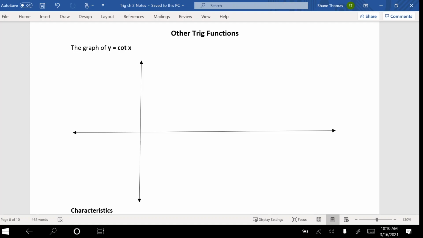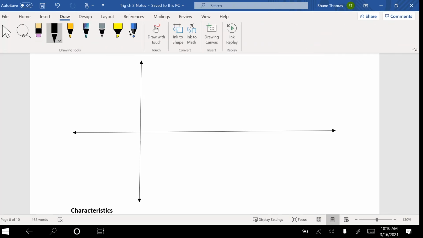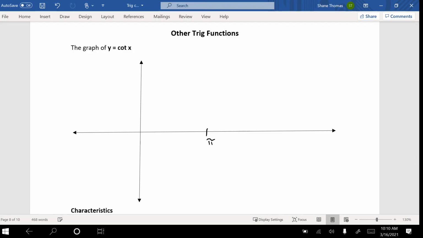All right, so I'm going to go pi and 2 pi, and negative pi as well. Now it'll be pi over 2, 3 pi over 2. So I better write them.